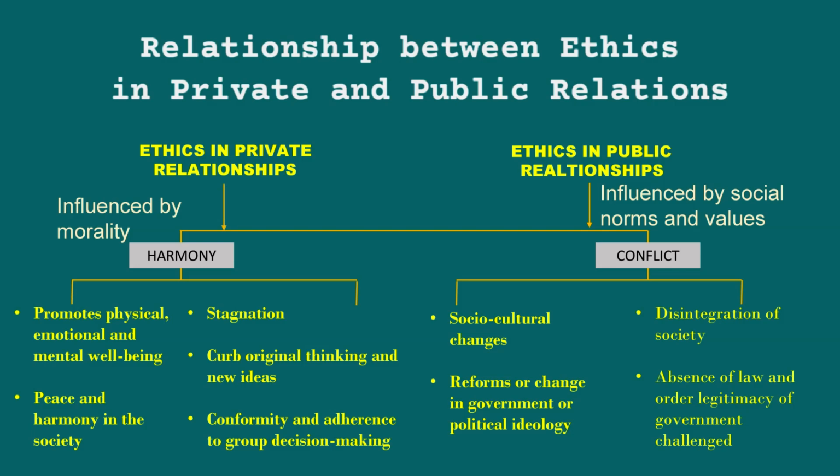Now, if both are in harmony with one another, it promotes physical, emotional, and mental well-being, and there is peace and harmony in society. But too much harmony between the private relationship and public relationship leads to stagnation. It can curb original thinking and new ideas, and there is also conformity and adherence to group decision making.